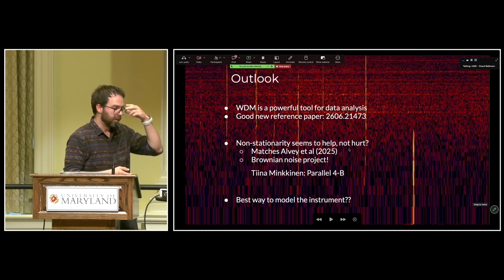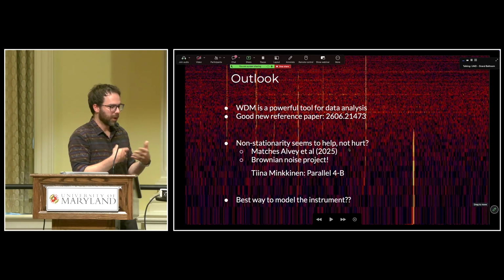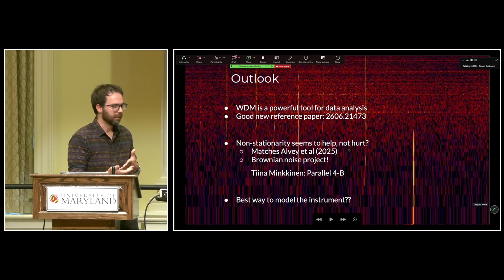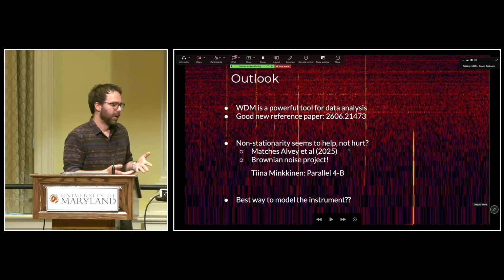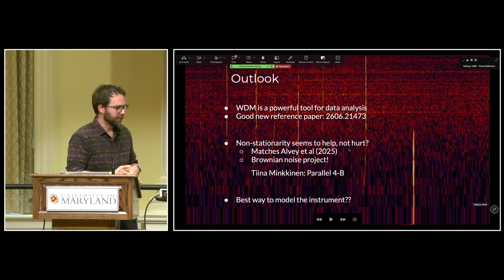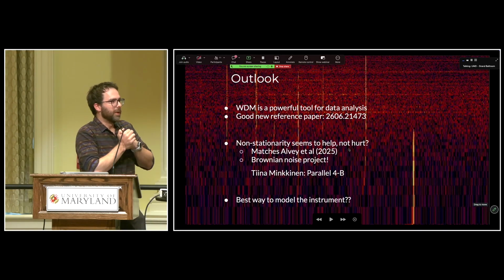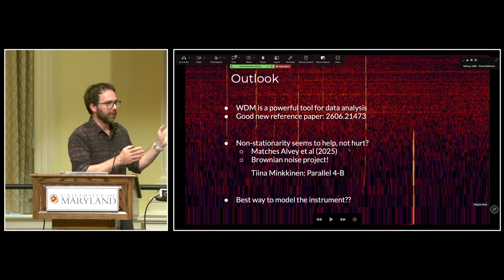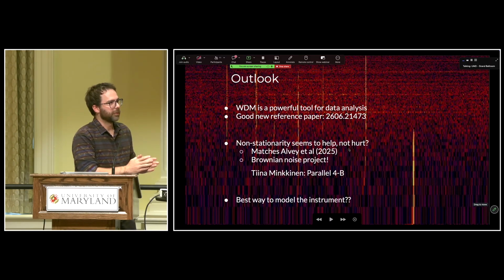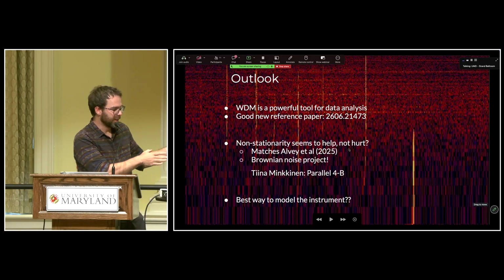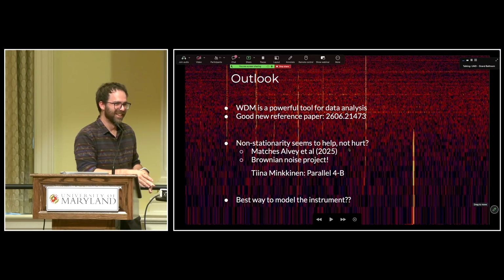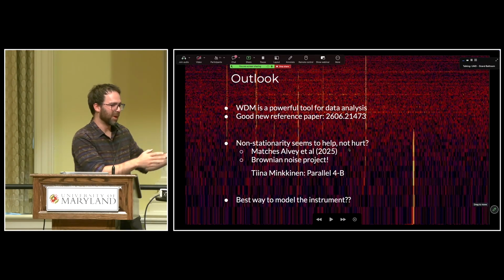This matches a lot of results that people have been coming out with recently, saying that the non-stationarity actually helps your analysis. It doesn't hurt it. As long as you can model it, you should track it. And it's made me think that if we had the choice, maybe it would be good to have a more non-stationary instrument than a stationary one, as long as we could model it.